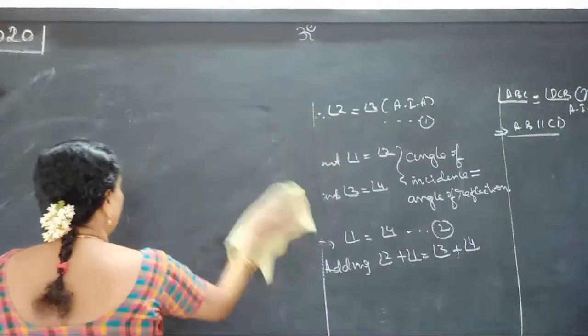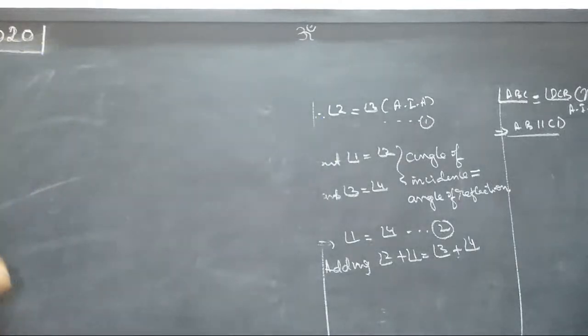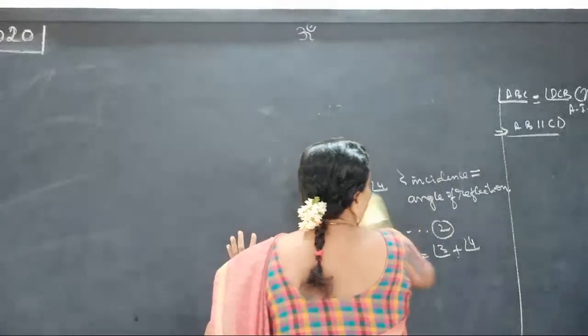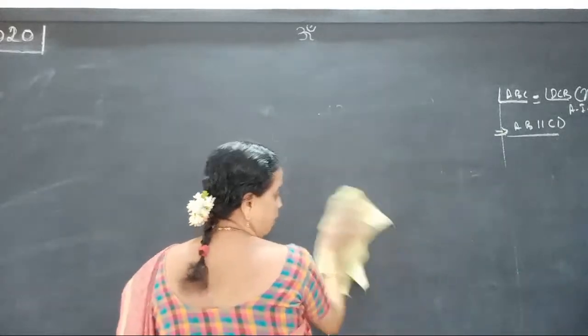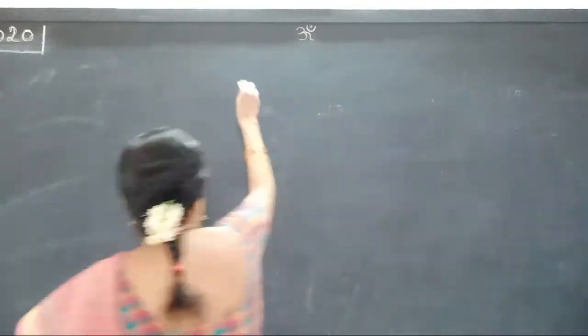Like lines and angles, here also there are some definitions. We'll go with the introduction of the circles chapter. Slowly we will simplify the theorems. Yes, we'll go on to the new chapter, chapter number 10, circles.